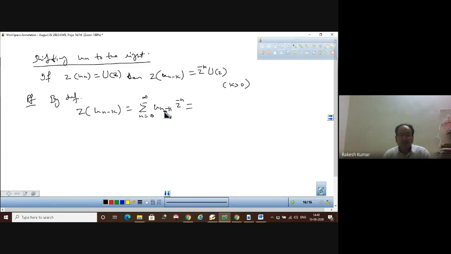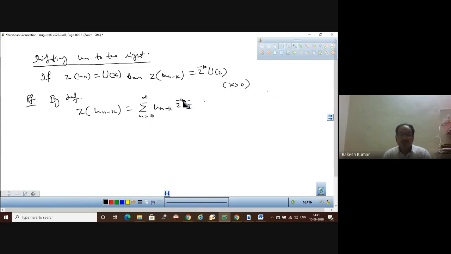Because we have shifting to the right, k is a positive scalar which lies between 0 and infinity, and we can say that the value of n can be taken as k.